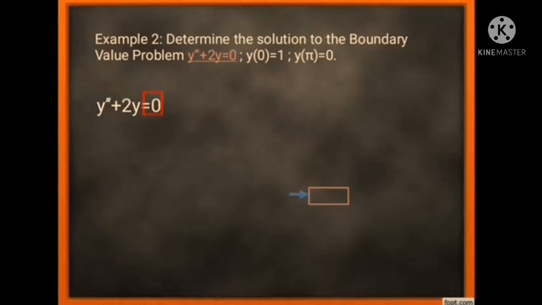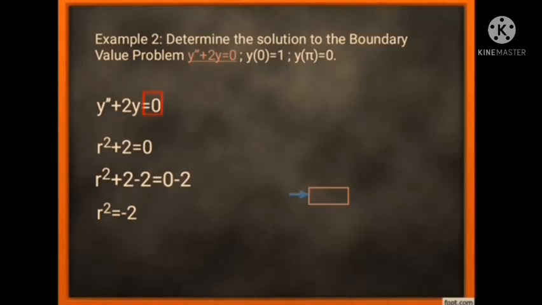So y'' + 2y = 0. Since it is equal to 0, let's think about the characteristic equation: r squared + 2 = 0. Solve for r. Subtract 2 from both sides: r squared = -2.